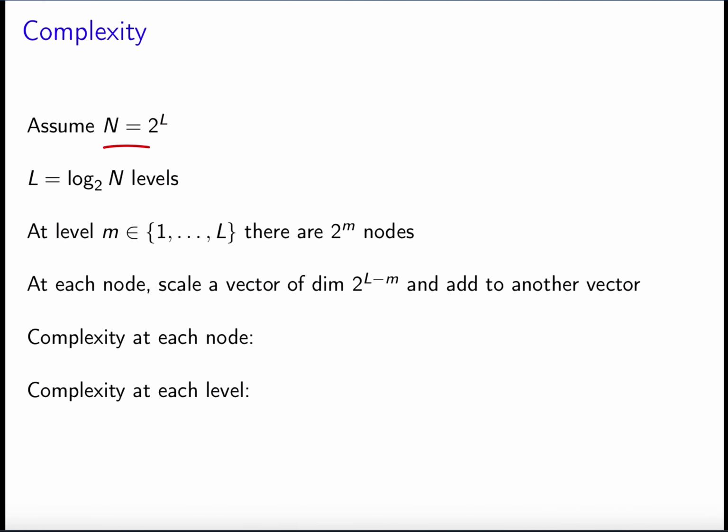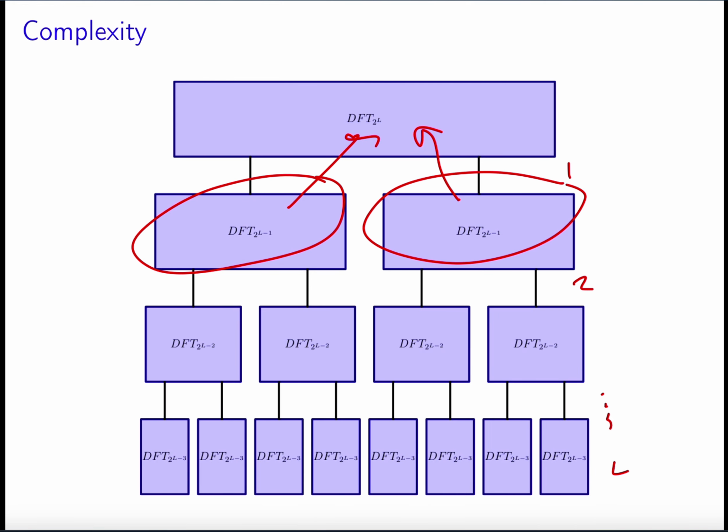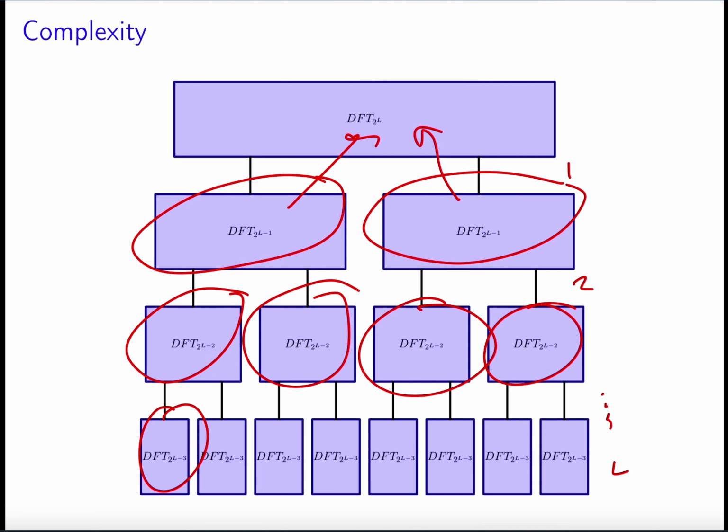And now we're going to see how many nodes we have at each level. Here in the first level we have 2 nodes that get combined. We're combining 2 n-half times n-half vectors into the result, which is a length n vector. Here we have 4. Here we have 8. And so on and so forth.